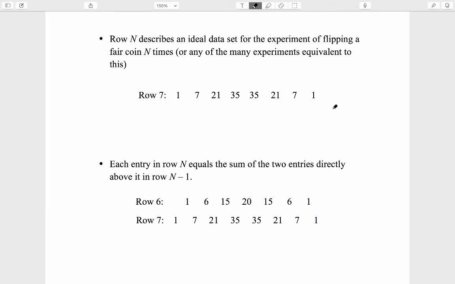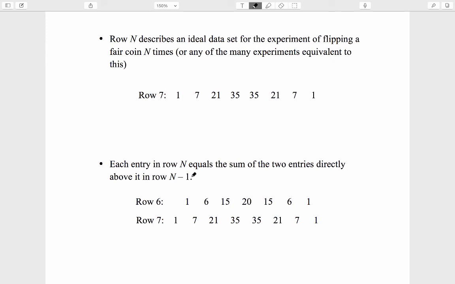If you flipped 128 times, and the results were perfectly representative of what will happen in the long term, then there will be one actual flip with all tails. There will be 35 actual flips with 4 heads and 3 tails. This is a very useful connection to make.